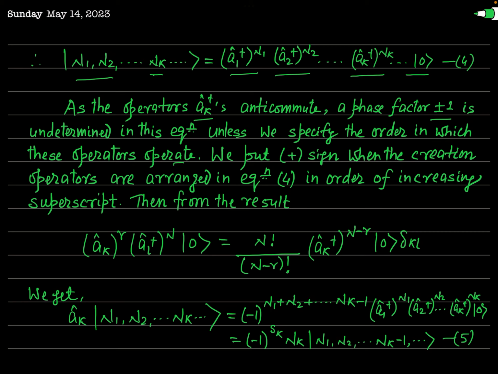In fact, if you write this equation 4 in such a manner that the superscripts n1, n2, and so on up to nk are in order of increasing subscript, then we have to put a plus sign when the creation operator, that is ak hat dagger, is operated on it.